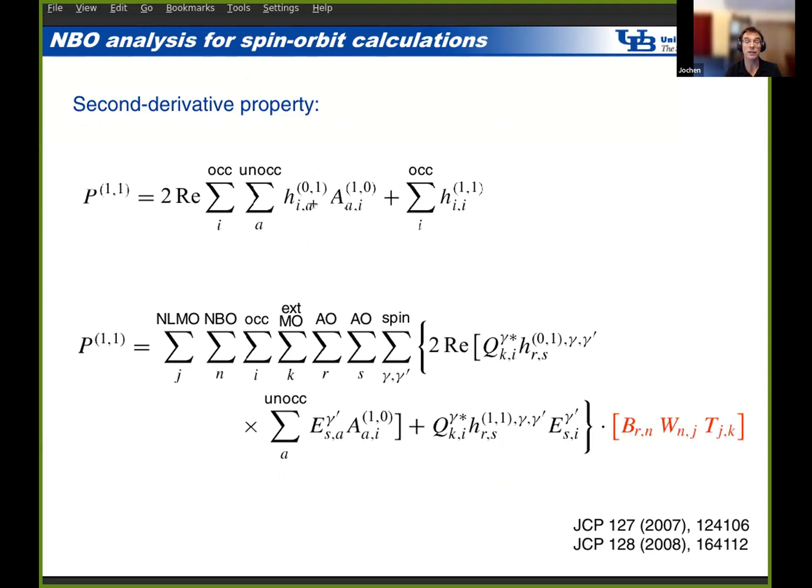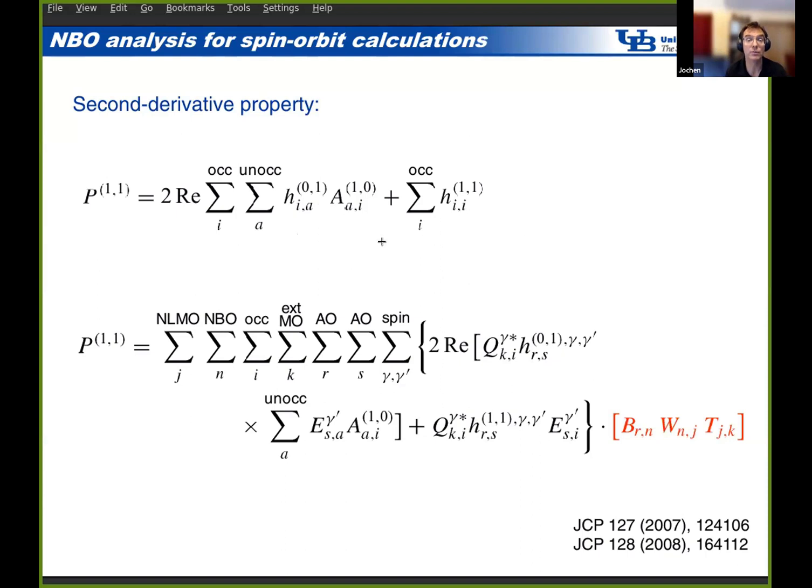There is a corresponding Hamiltonian matrix in that molecular orbital basis for the perturbation.